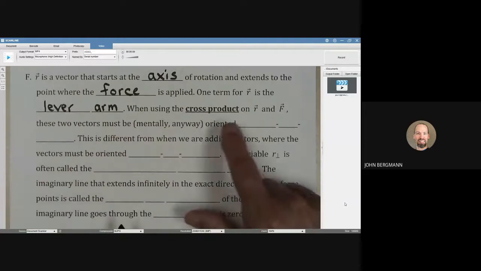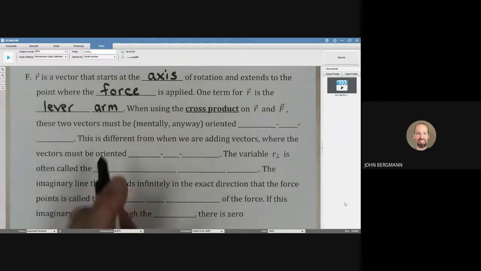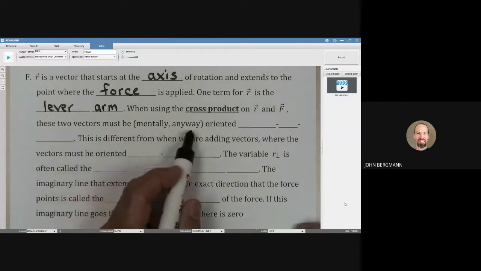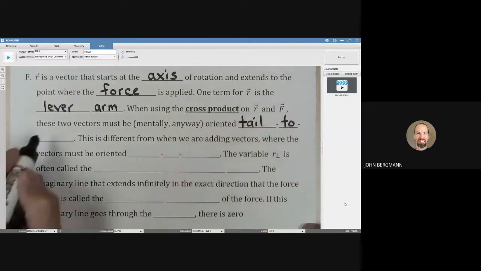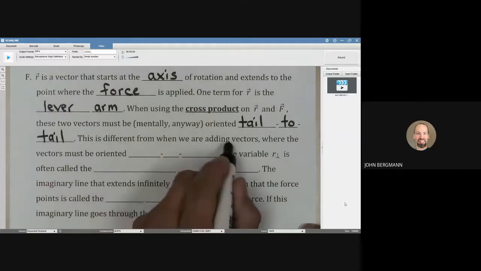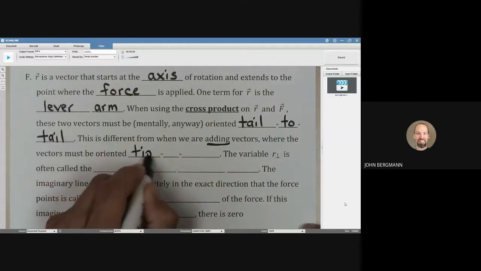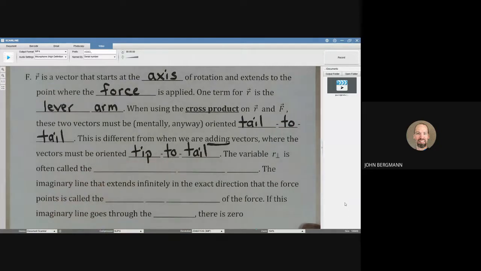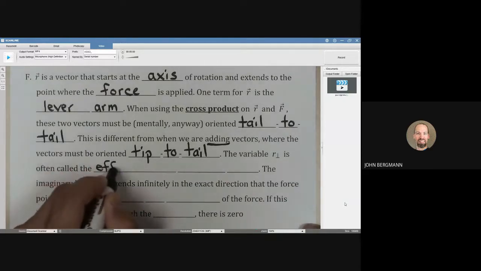When using the cross product on r and F, as we just saw on the previous paper, these two vectors must be mentally, anyway, oriented tail to tail. This is different from when we're adding vectors, where vectors must be oriented tip to tail. The variable r perpendicular is often called the effective lever arm.